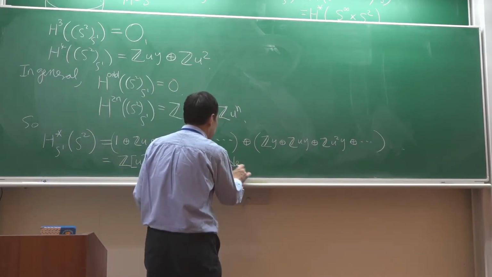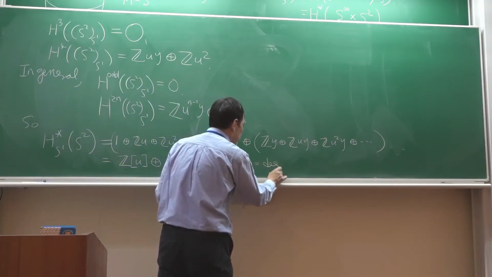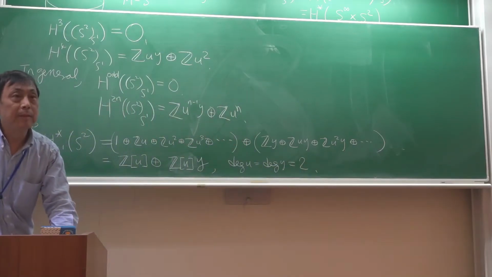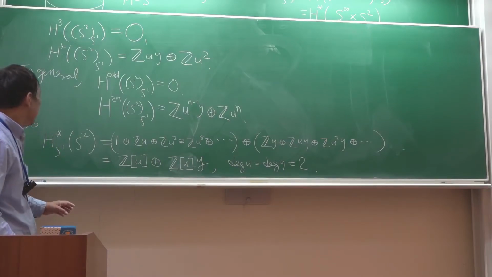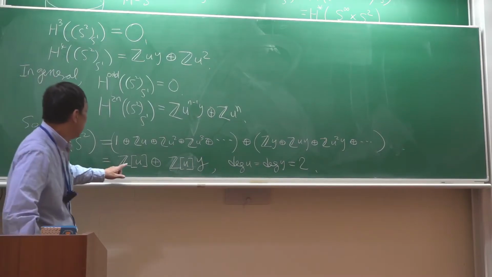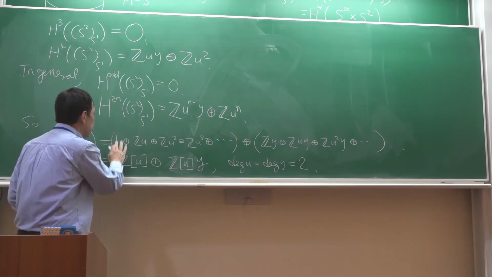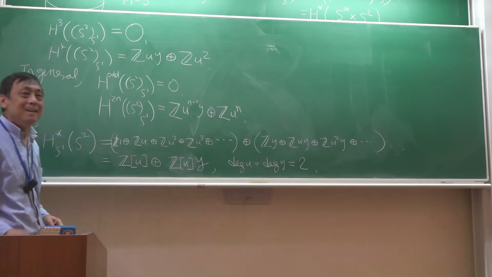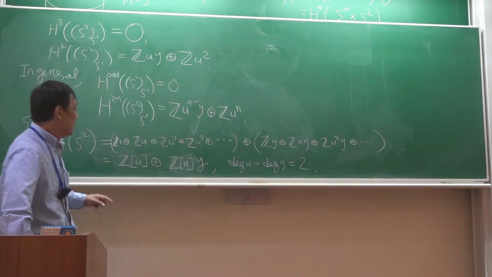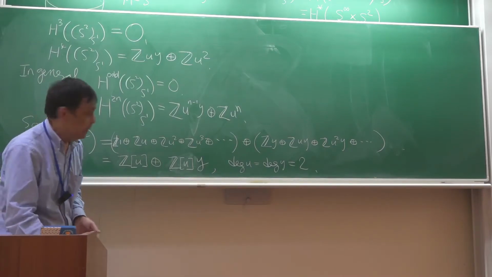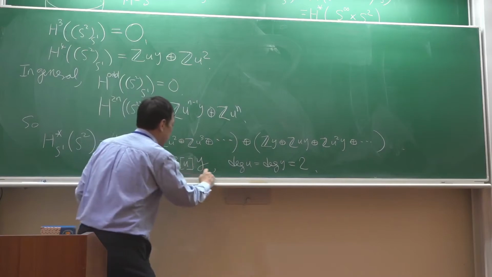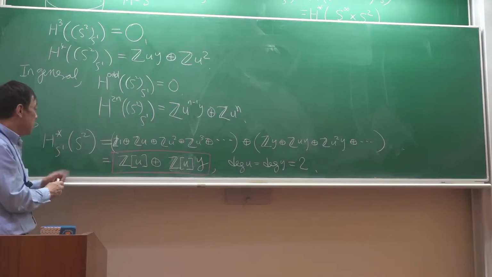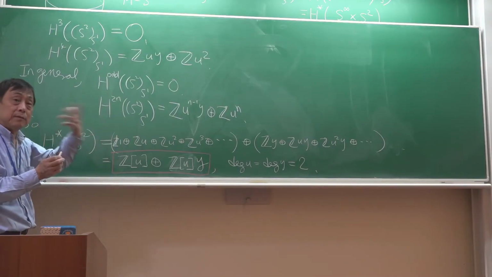And then we know that the degree of U is equal to the degree of y is equal to 2. Pardon? Oh, yeah, right. This is Z times 1. Yeah. Okay, good. Yeah, so this is the answer. Okay? That's the equivariant cohomology of the sphere under rotation.